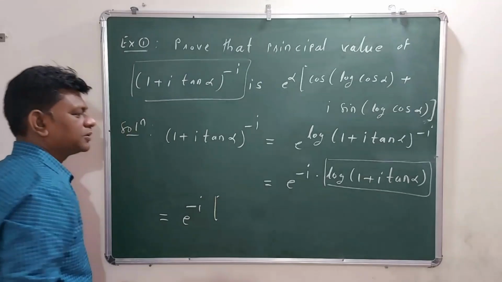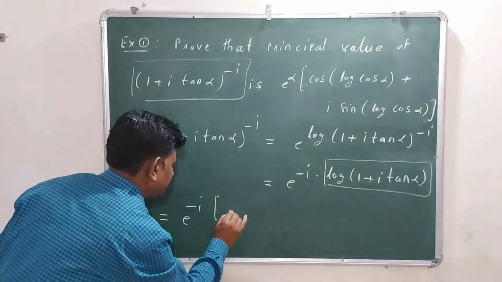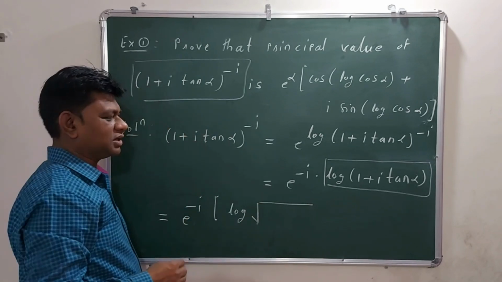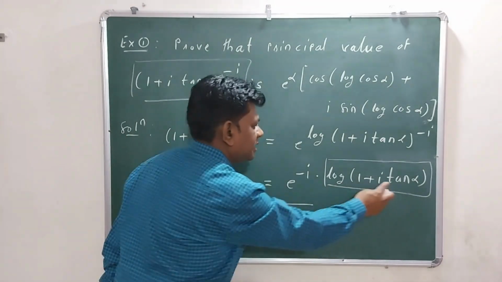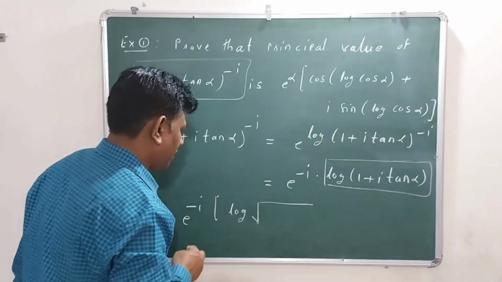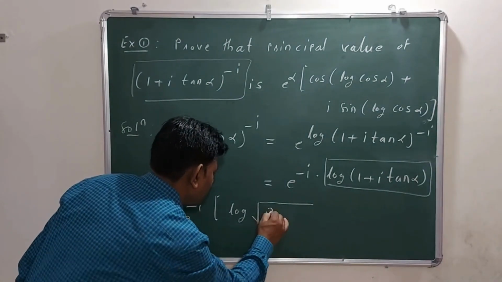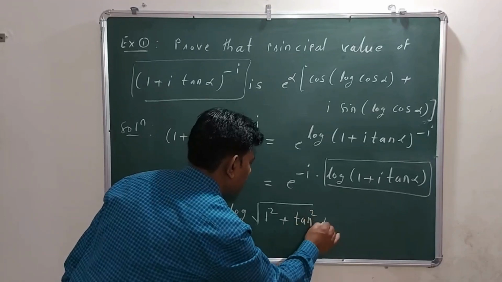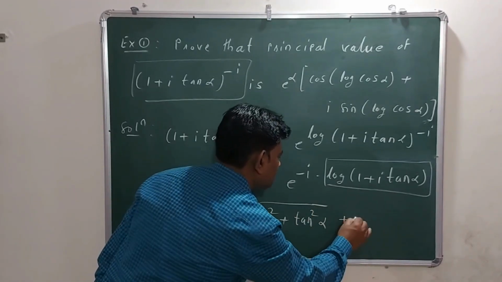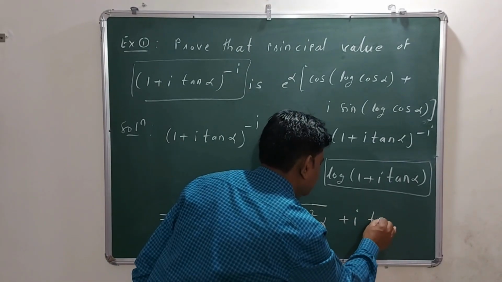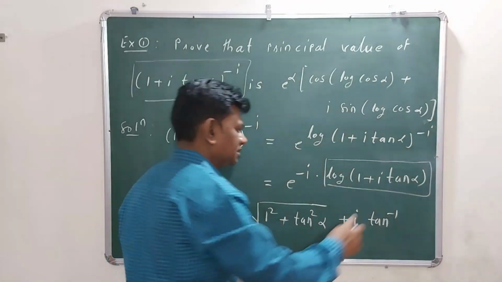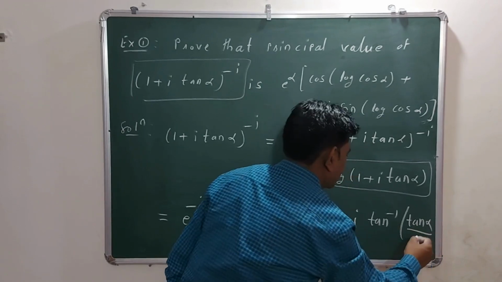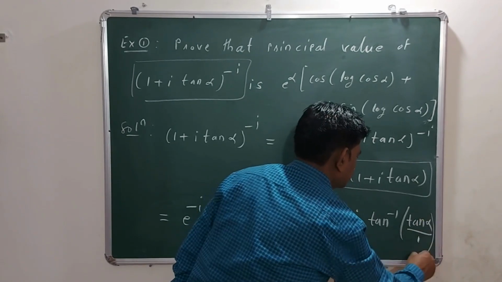Now by applying the principal value formula, the answer is log of root x square plus y square, but here x is 1 and y is tan alpha. So x square means 1 square plus y square means tan square alpha, plus i tan inverse y by x, where y is tan alpha upon x, which is 1.